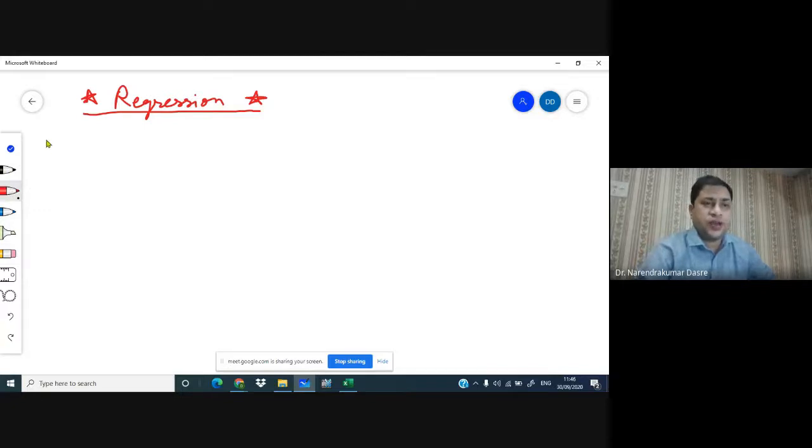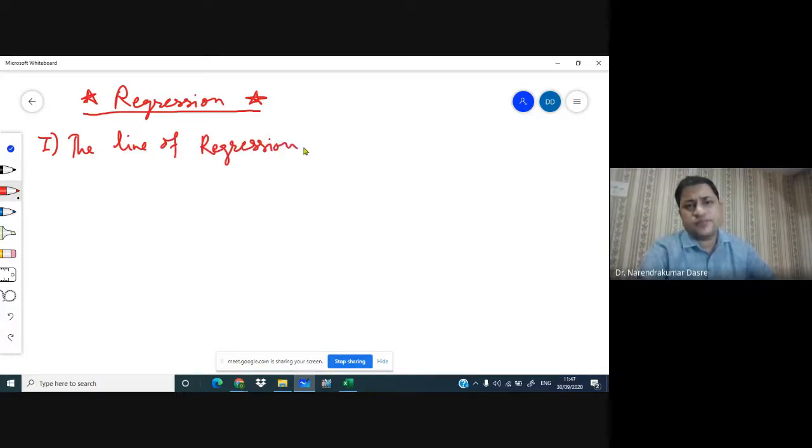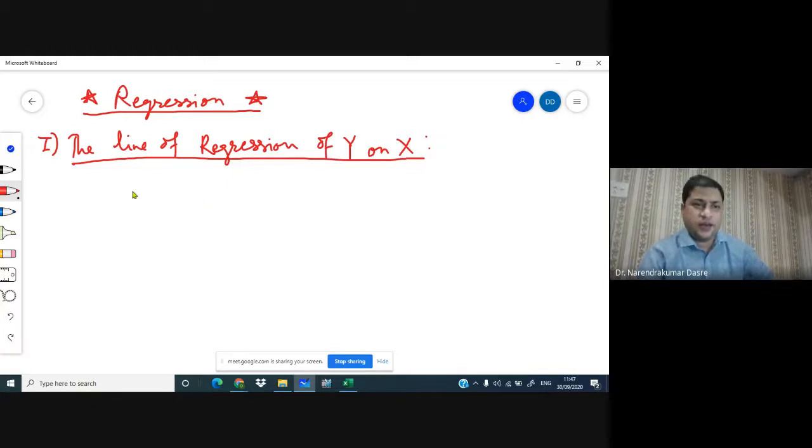First we have the line of regression of y on x. We have this data, x data and y data, and I want to find out if there is any relation. What is that relation?